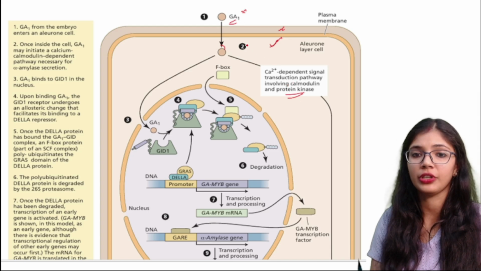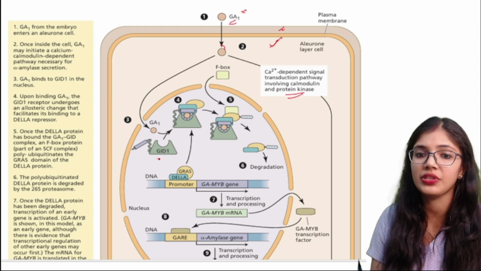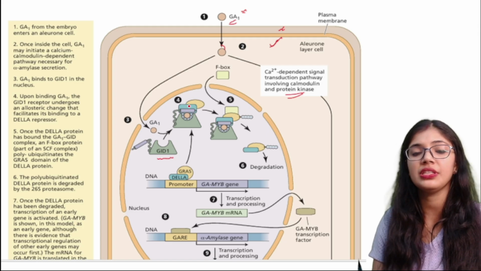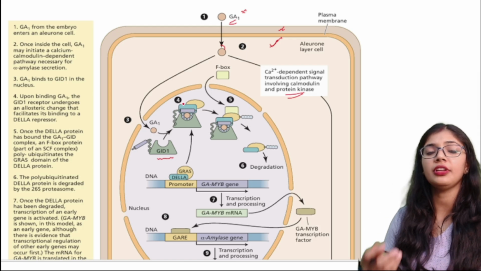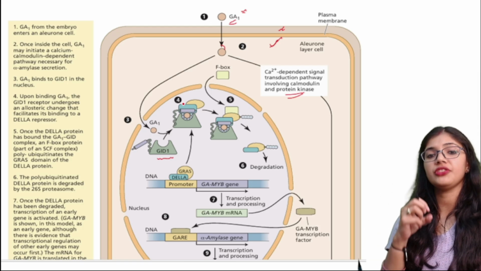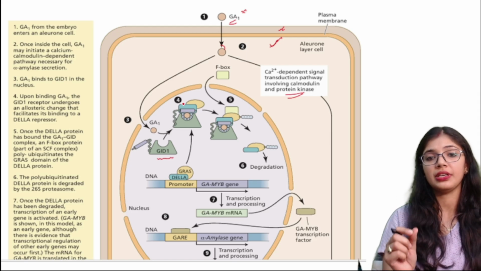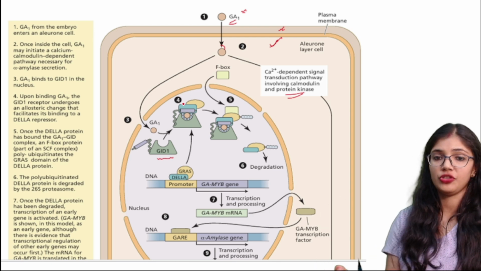Now what does this GA1 do? It binds with GID1 and forms a complex with the DELLA repressor. After the gibberellic acid and GID1 bind with this repressor, it helps in polyubiquitination.